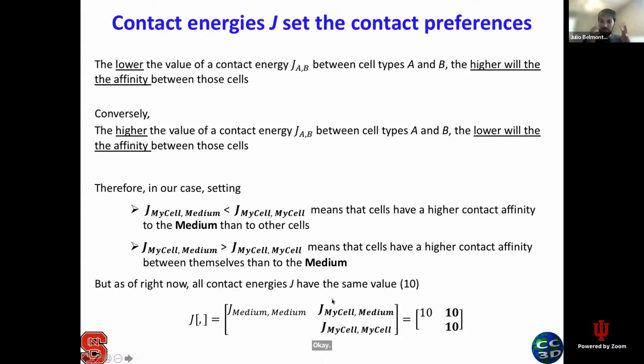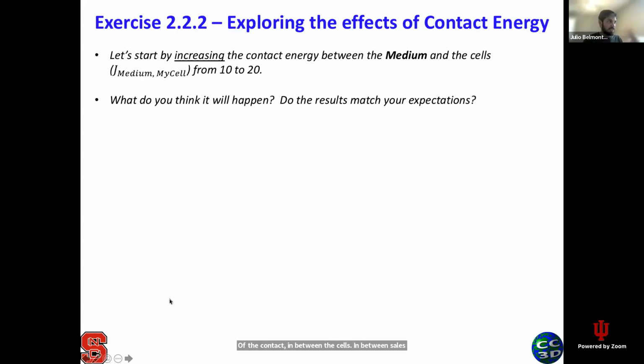Okay, so this is briefly how the contact energy works and what you should expect when you change the relative values of the contact energy between the cells and between cells and medium. So with that in mind, let's already do our first exercise. Let's go back to our simulation, and let's start increasing the contact energy between the medium and the cells.